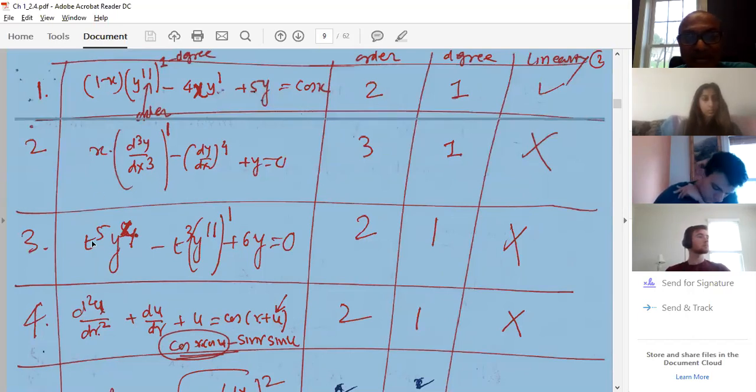Here it is mentioned t, meaning your independent variable is t. That means this y double dash is d square y over dt square, not dx. Are you getting me? Yeah. So instead of x, you can count t in this equation. That's the only difference. Go ahead.